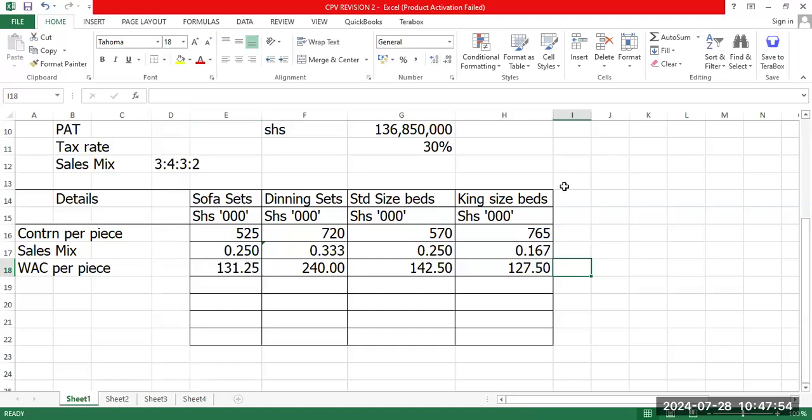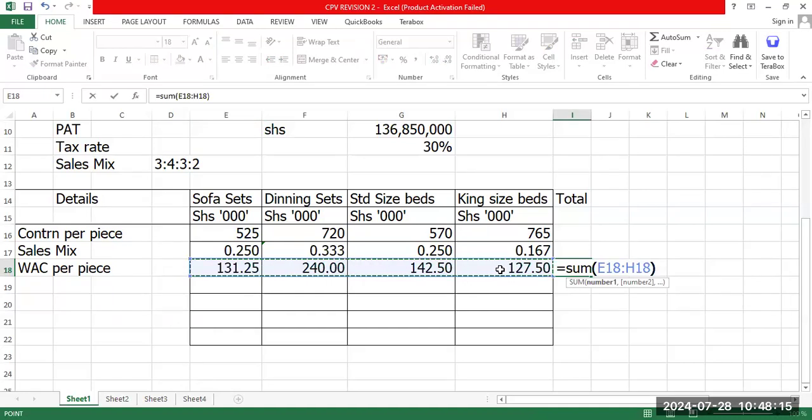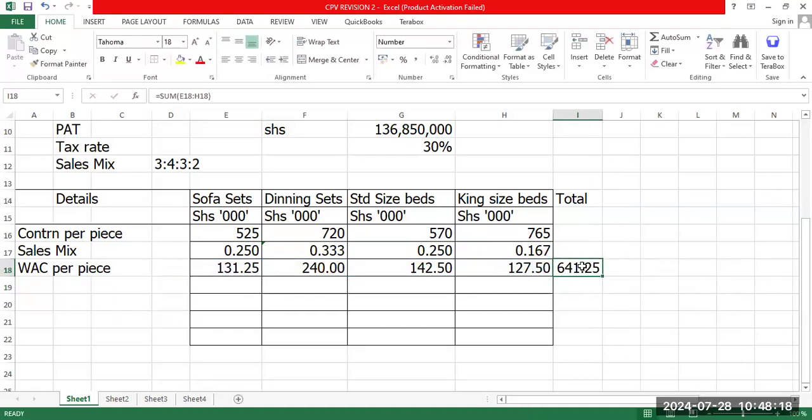Then finally, I need the total. I can put here another column for total. Remember, the formula is total weighted average contribution per piece. So how do you get total? You add everything here, from here up to here. And your figures are in what?